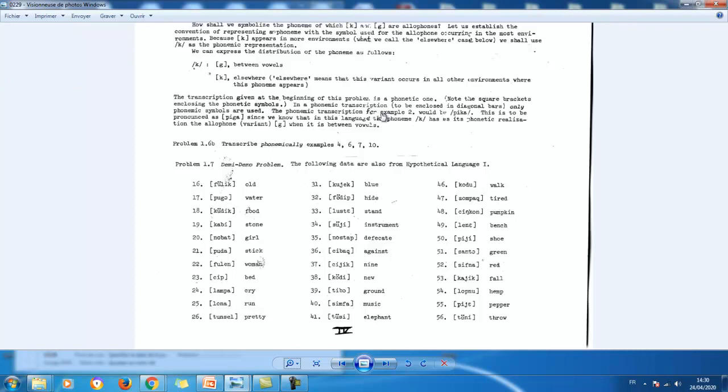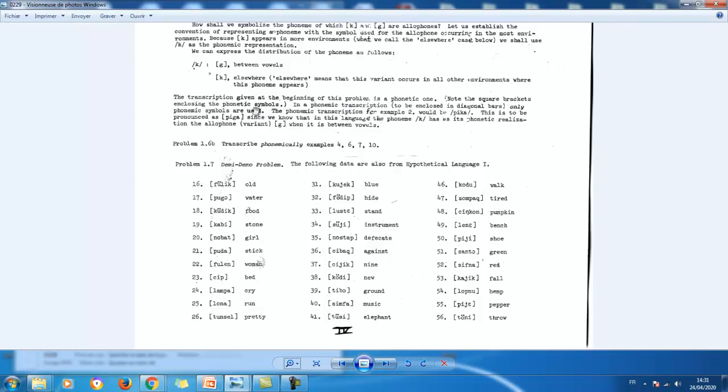A phonemic transcription is enclosed in diagonal bars, and only phonemic symbols are used. The phonemic transcription, for example, of K2, would be pika. This is to be pronounced as piga, since we know that in this language the phoneme k has as its phonetic realization the allophone g when it is between vowels. This is what we explained before.